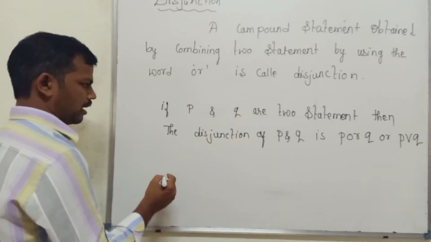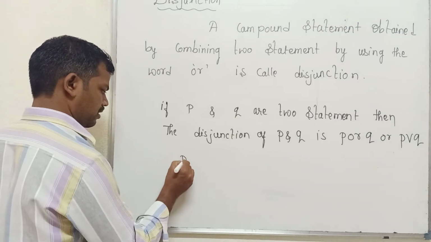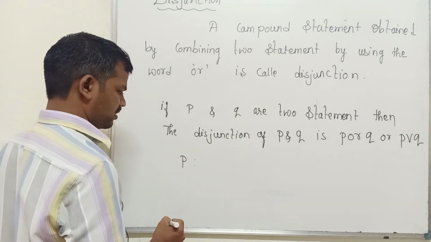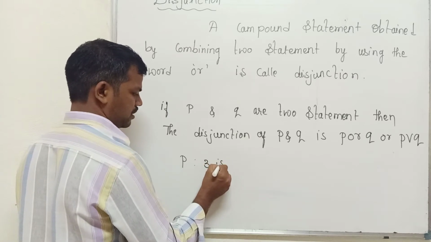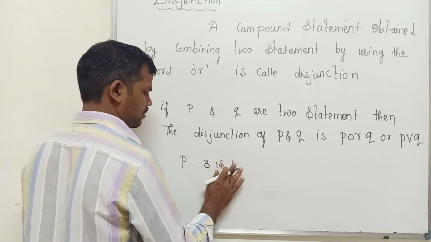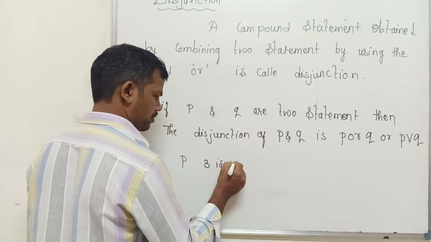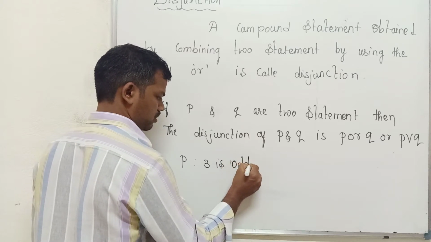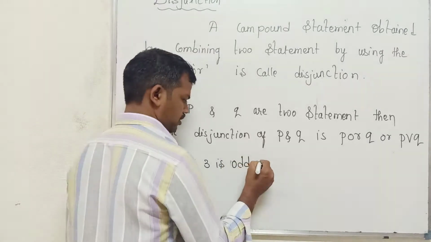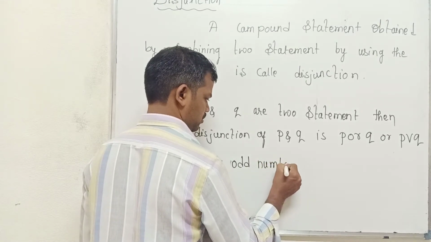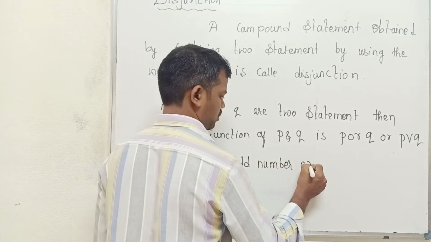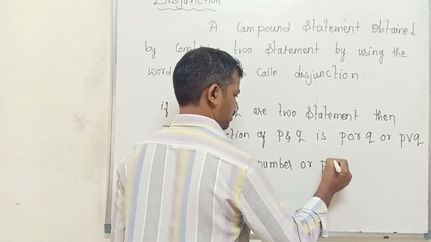Then its truth value. We can take one compound statement here: 3 is an odd number or a prime number.